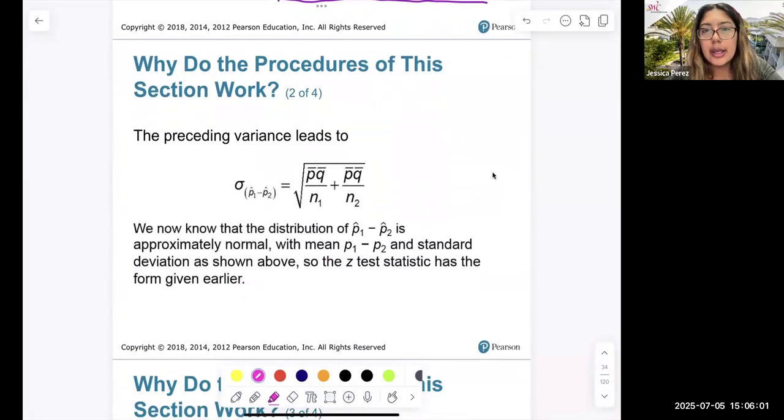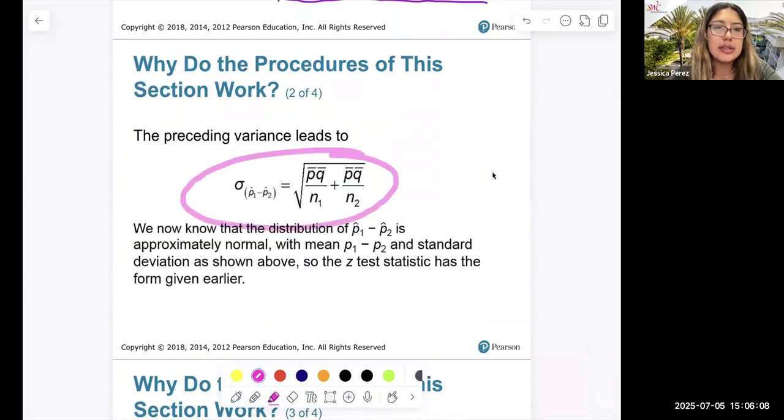Now, in the preceding variance, what does it lead to? How do we find the variance? This is calculated by the standard error of the differences between the two sample proportions, which is equal to the square root of the pooled P hat times Q hat over N1 plus P hat times Q hat over N2.